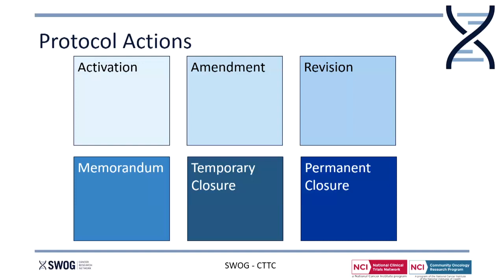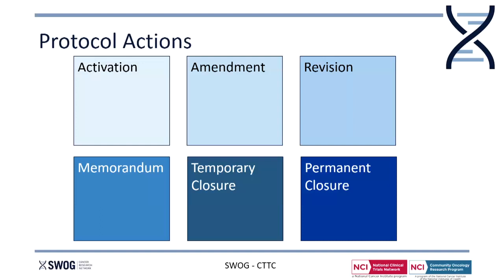It can also be built into a study to look at safety signals. Or it can take place because of things we didn't foresee. If we have issues with drug supply, if we see safety signals that we weren't anticipating, then we would do a temporary closure so that we have time to evaluate what's happening with the study.